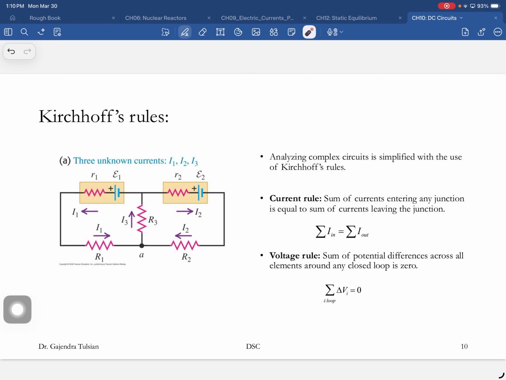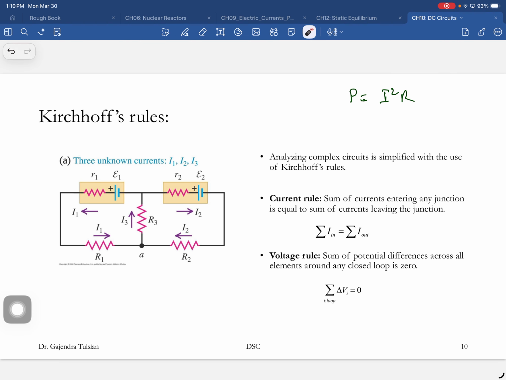And these two rules allow you to solve circuits. So an entire course is based on these two equations. And these are Kirchhoff's rules. Let's try and understand these rules, and they're very simple. This is the current rule.